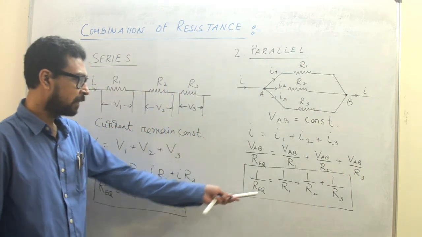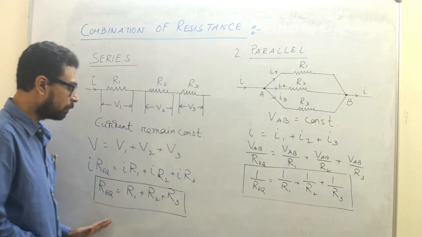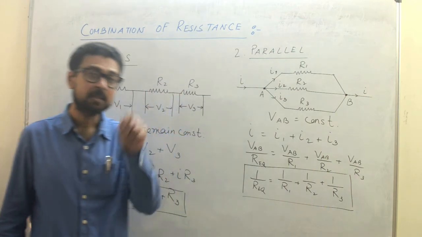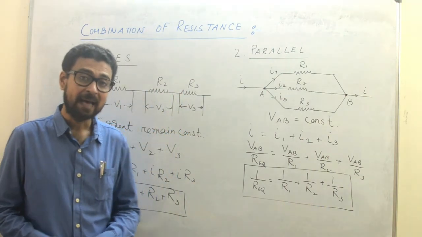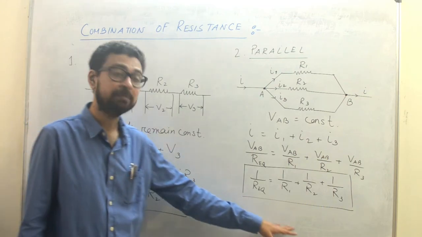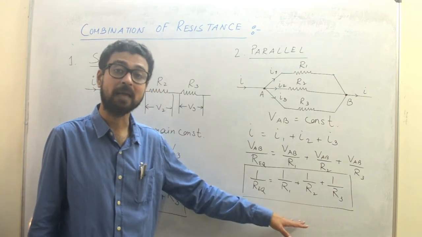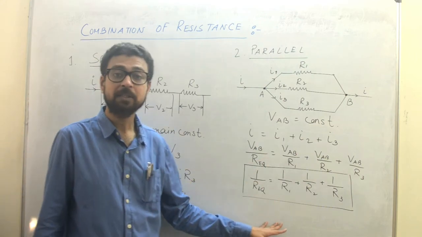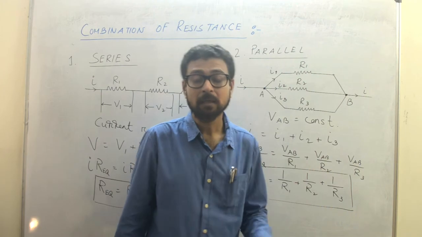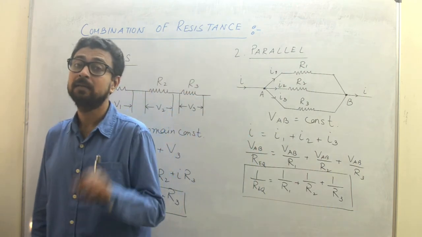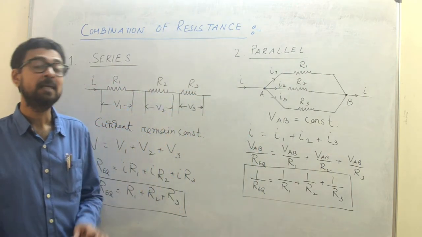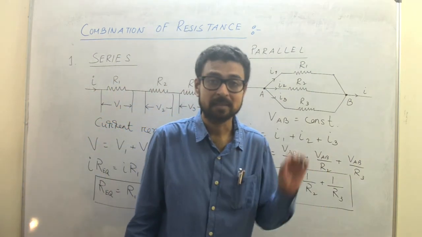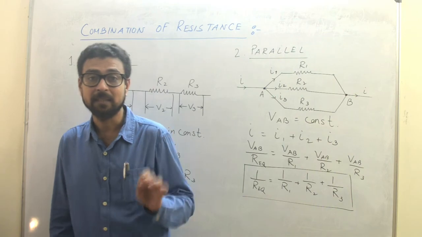And here, interestingly, in series combination the resistance was getting magnified, but in this case the effective resistance is lesser than the least resistance connected. Please write down this particular line. I am repeating, in parallel combination of resistance, the effective resistance is lesser than the least resistance connected in the circuit.